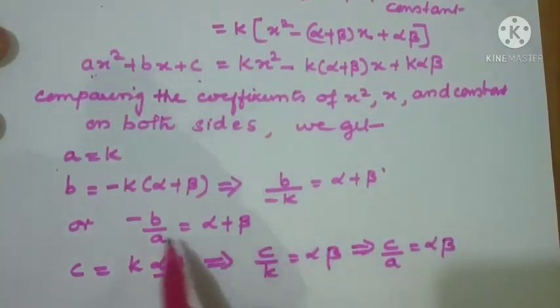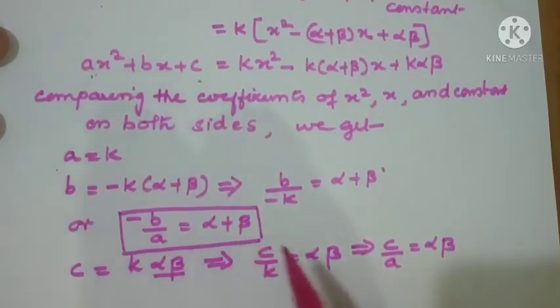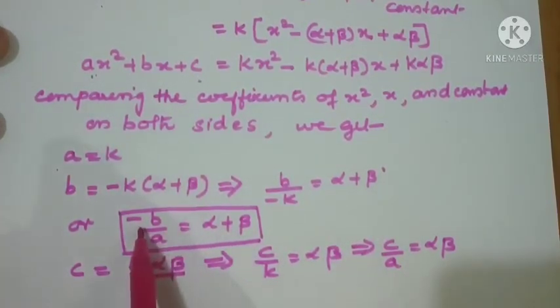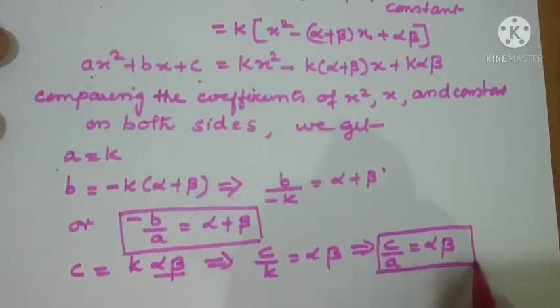Now we got the rule: alpha and beta are the zeros. Sum of the zeros equal to minus b by a, and the product of the zeros equal to c by a. I think you got the idea of the formula, how we got the minus coefficient of x by coefficient of x square and constant by coefficient of x square only.